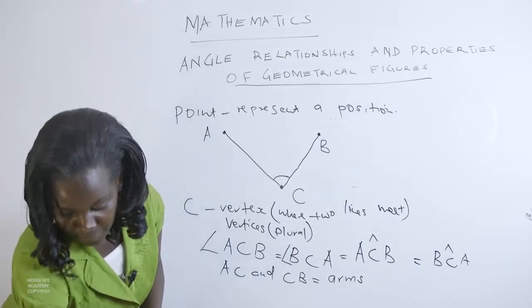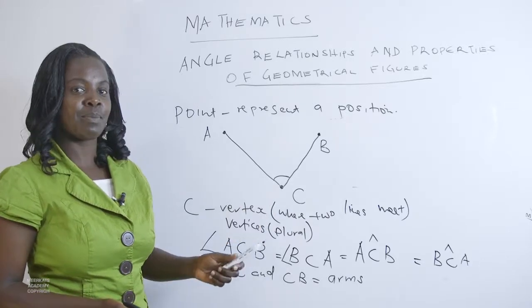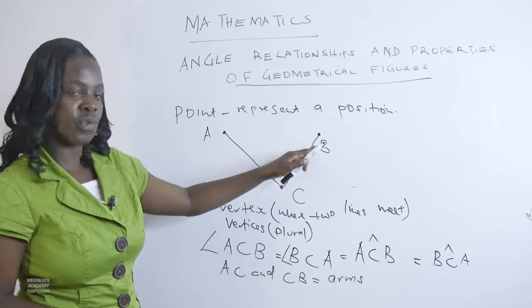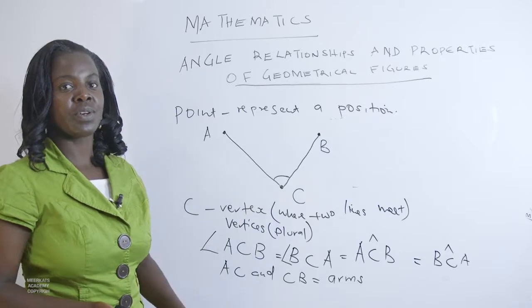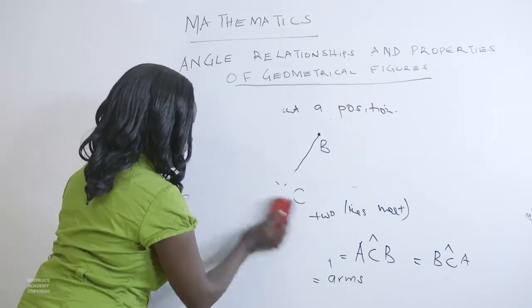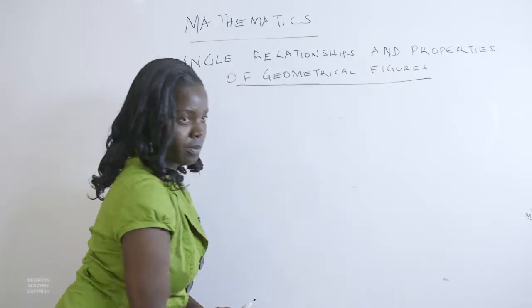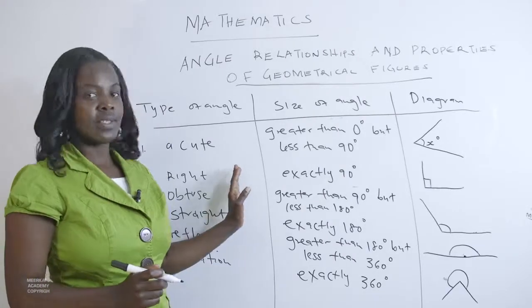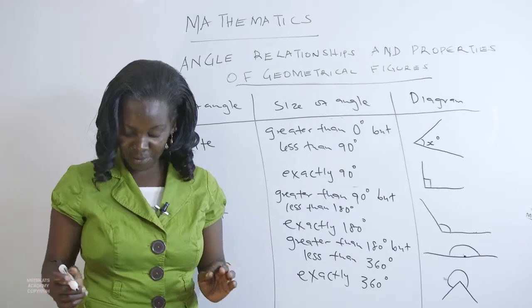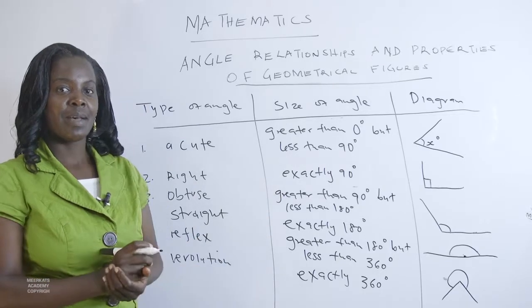So now let's move on and look at the different types of angles that can be formed as a result of joining two or more segments. Let's look at the different types of angles that are formed when two line segments meet.